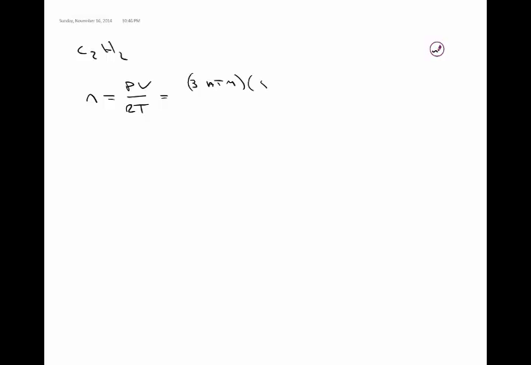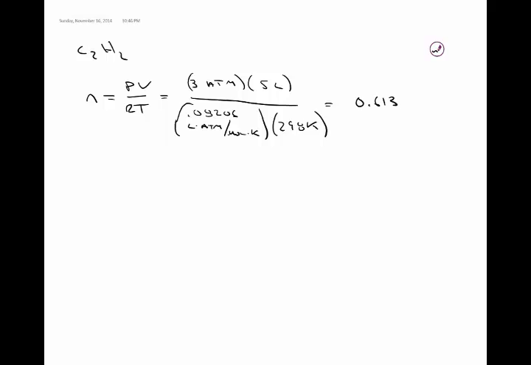The volume is 5 liters. R is 0.08206 liters times atmospheres divided by moles times Kelvin, the gas law constant. And the temperature must be converted into Kelvin, so 25 plus 273 gives me 298 Kelvin. And when I plug this into my calculator, I got 0.613 moles of acetylene.